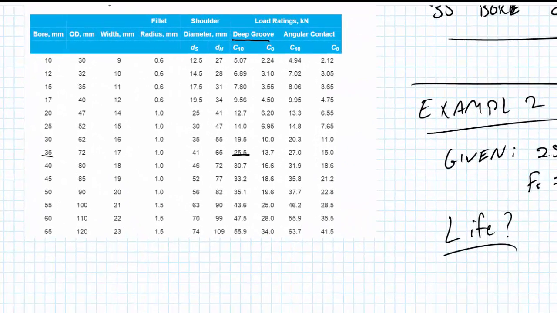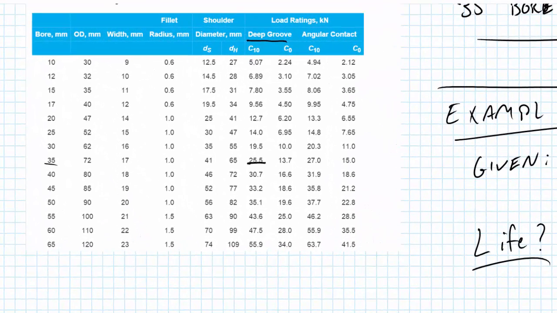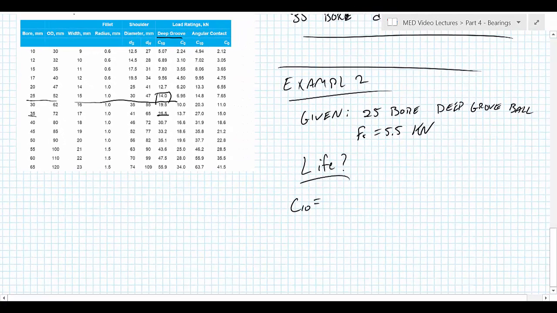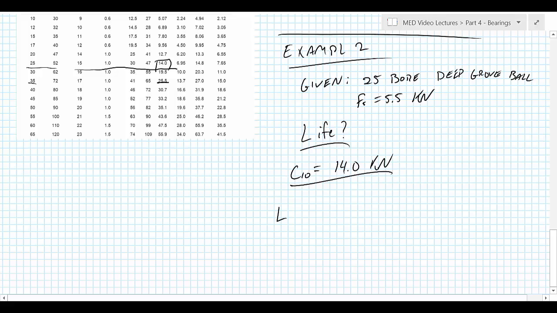The 25 millimeter bore diameter right here in deep groove ball bearings gets us a 14.0 kilonewton rated load. So our C10 is 14.0 kilonewtons. That means the life we should expect is the rated life times the ratio of the C10 over our actual loading raised to the A, where again A equals 3 because we're dealing with ball bearings.